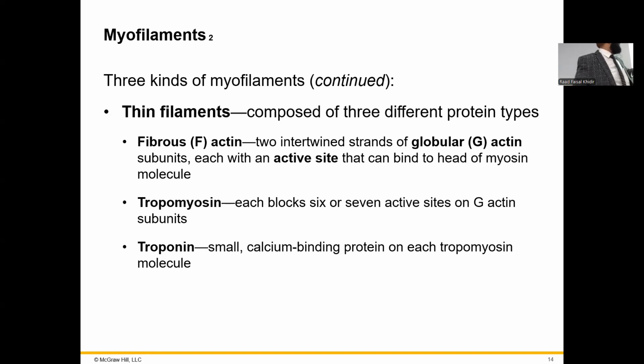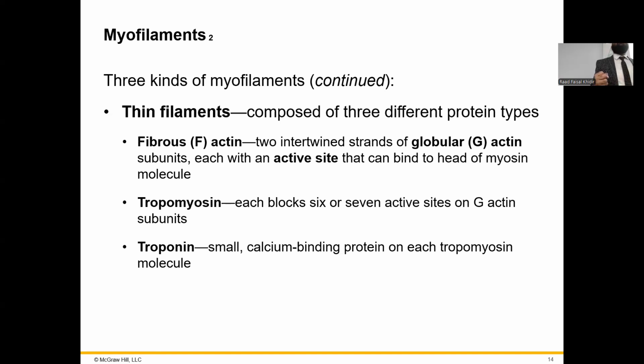So you have the fibrous F actin. It is composed of two intertwined strands of globular actin. That's why we call it G actin, because it is made up of a globular protein, giving us G-actin, each with an active site. So it has a hole, an active site that the golf head will bind to.